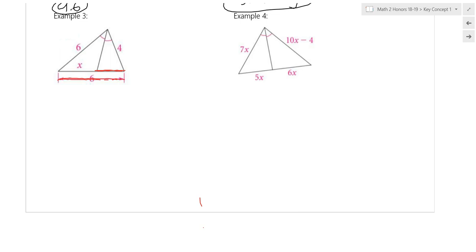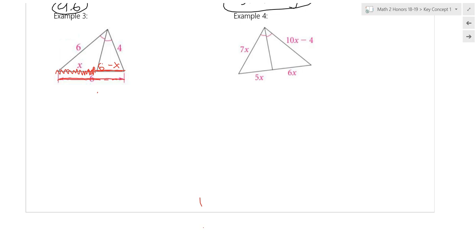Well, this whole length is 6. If I take away this part over here, I'd be left with this. So it's 6 take away x. There's 6 minus x.